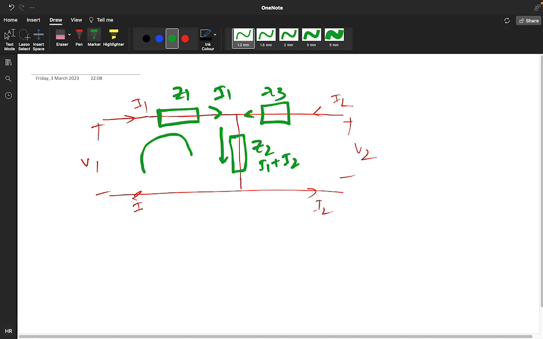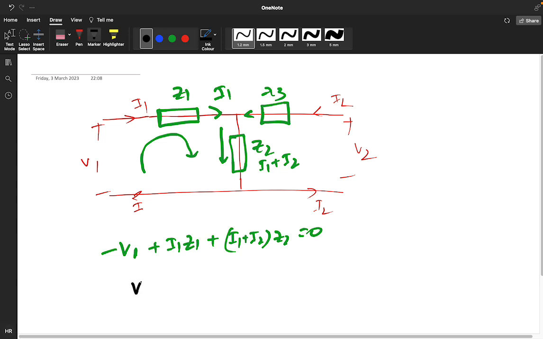Applying the KCL, we are getting the result I1 plus I2. Now follow, now make the KVL loop. You will get minus V1 plus I1 Z1 plus I1 plus I2 into Z2 is equal to 0.